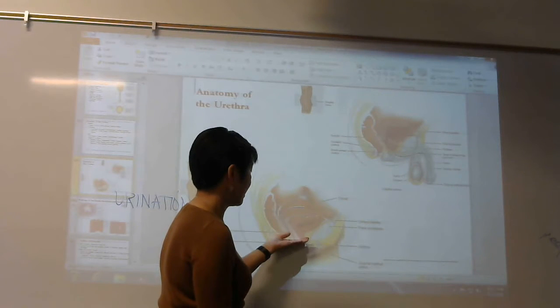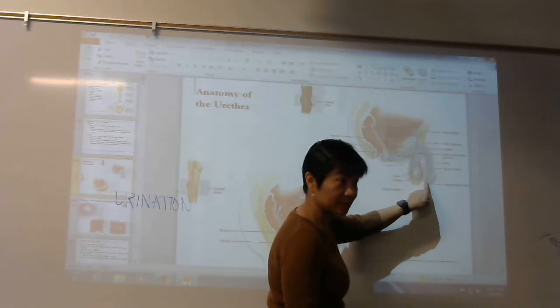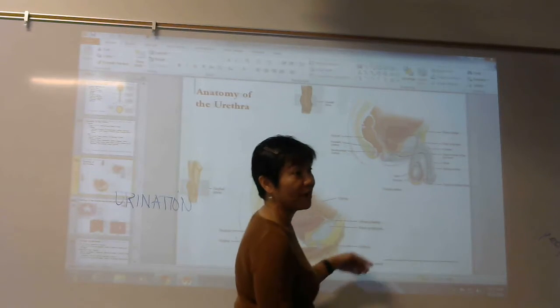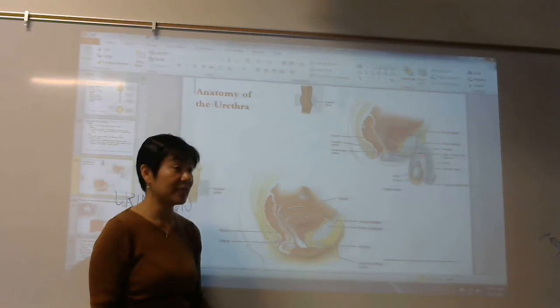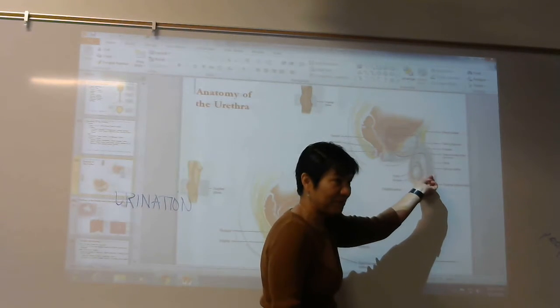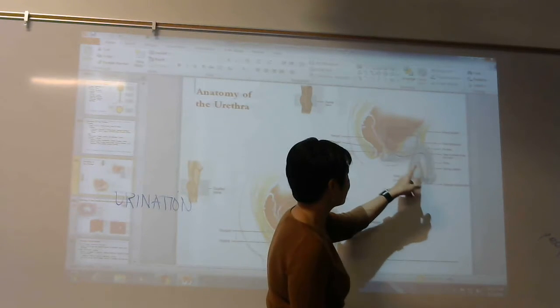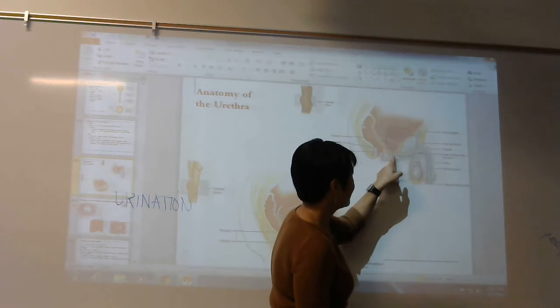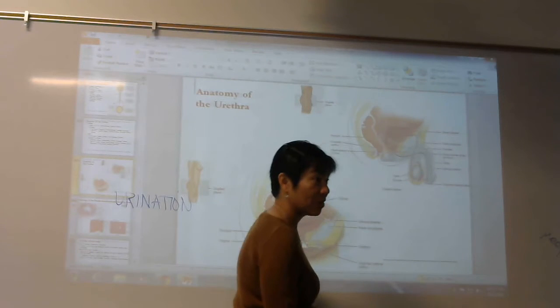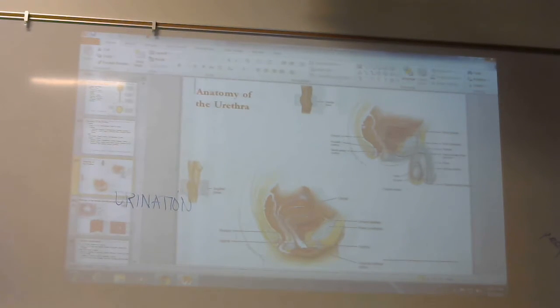For females, right here. For males, it's right there. It's not here. That's why it's so funny how some boys, when they try to control their pee, squeeze this one. The external sphincter is not there. The external sphincter is right here in the perineum. Okay, so then you pee out, you're done.